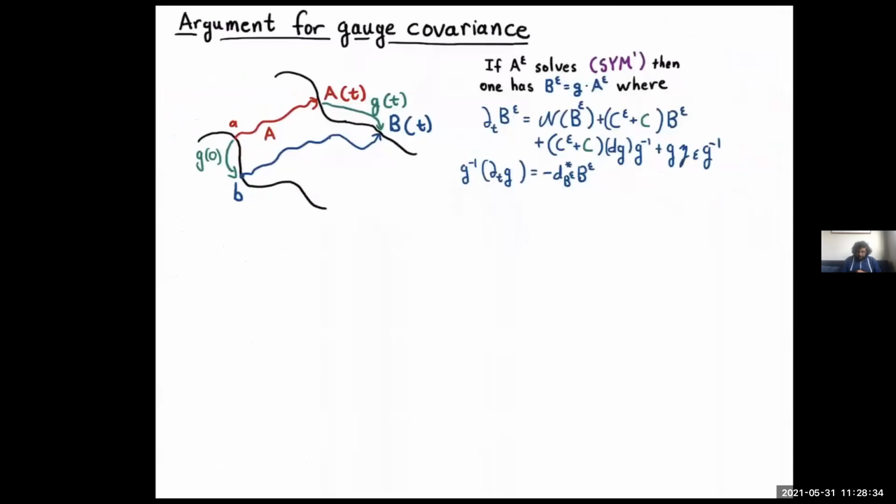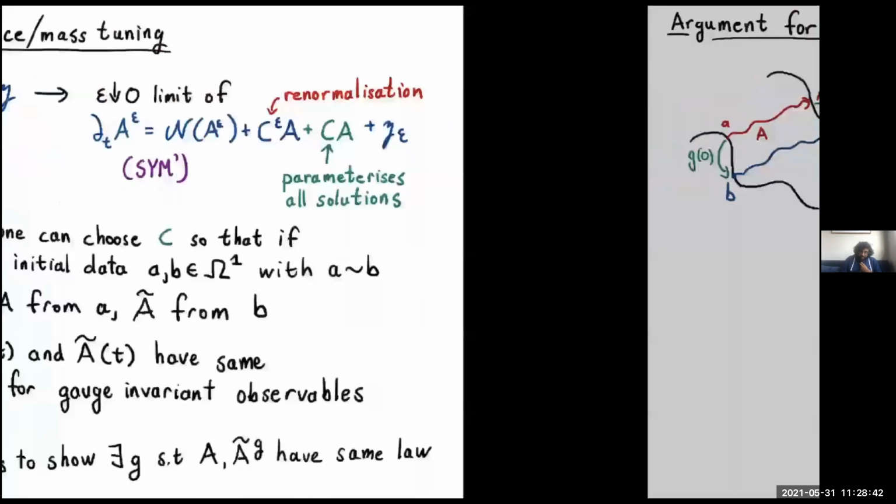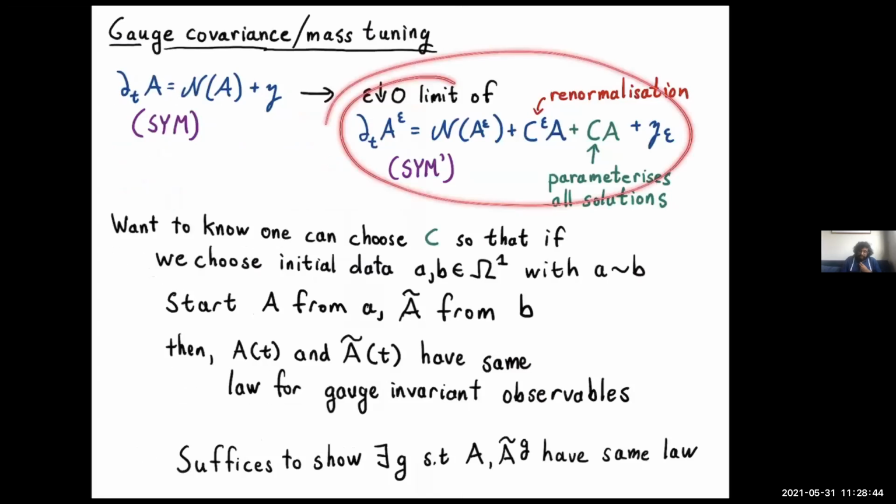So what's our argument? Let's imagine that we have a solution to the regularized renormalized equation with some value of the shift.